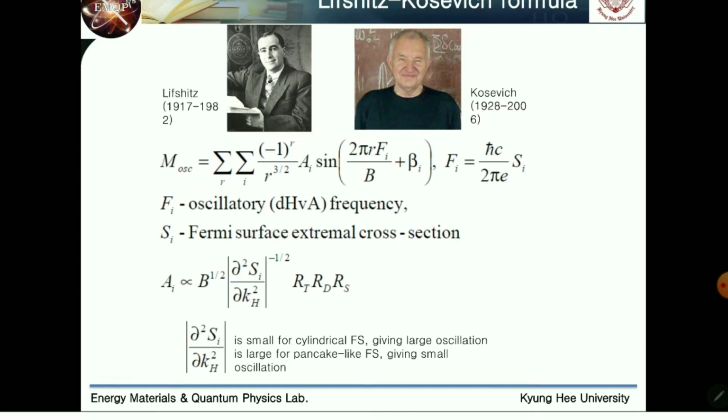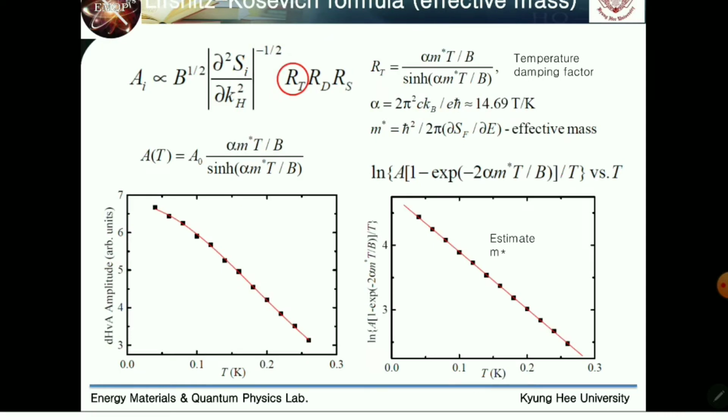From the amplitude analysis, we can estimate various physical factors, so let me look in more detail. We do not go through the detailed calculation of the second derivative of S with respect to k_H, but the formula of RT is like this.